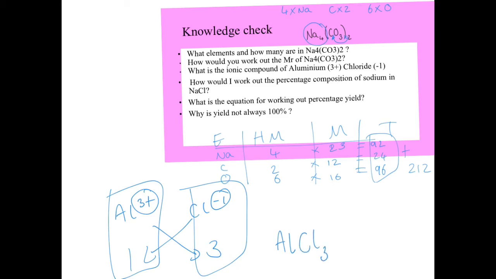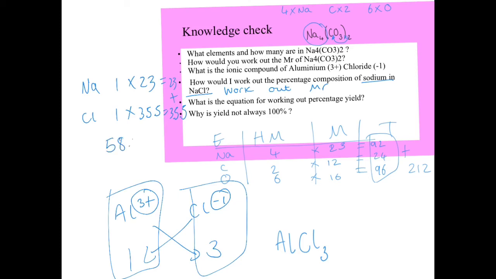How would I work out the percentage composition of sodium in NaCl? I'd work out the MR. So sodium, chlorine, 1 times by 23, times by 35.5, and then you want to add 23 and 35.5 together.